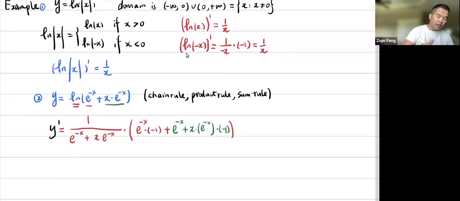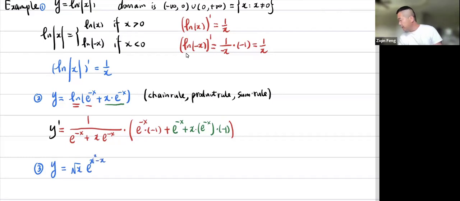Now let's see example 3. Example 3, we have y equal to root x e to x squared minus x times x plus 1 to the power 2 over 3.